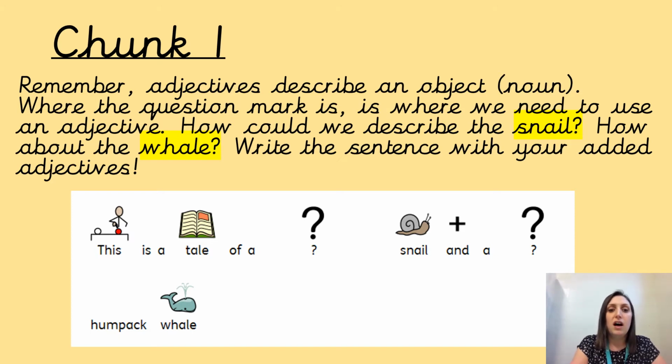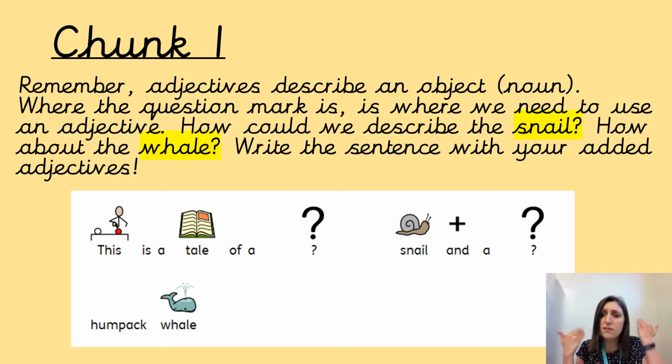I'm going to read this sentence in print at the bottom here. It says, this is a tale of a something snail and a something humpback whale. So you've got 2 question marks in that sentence, and where those question marks are is where you are going to need to put your own adjective.